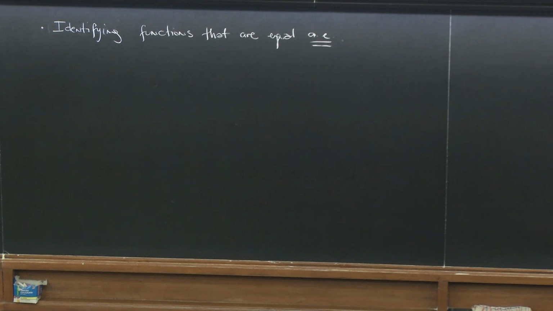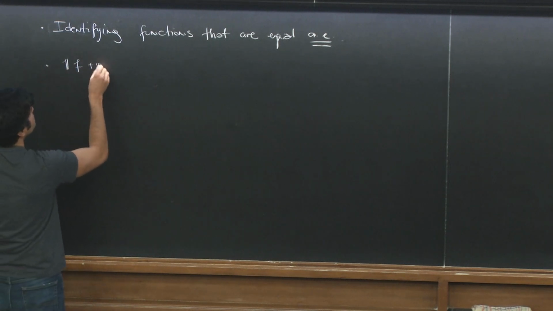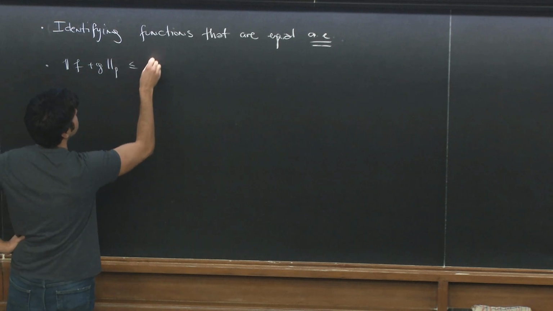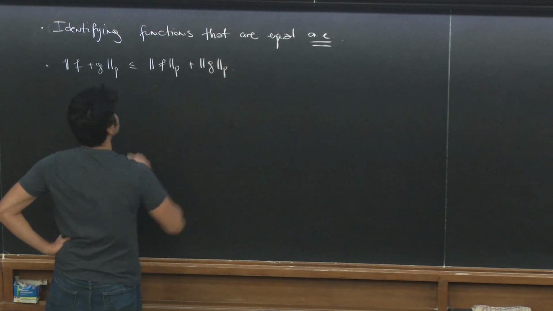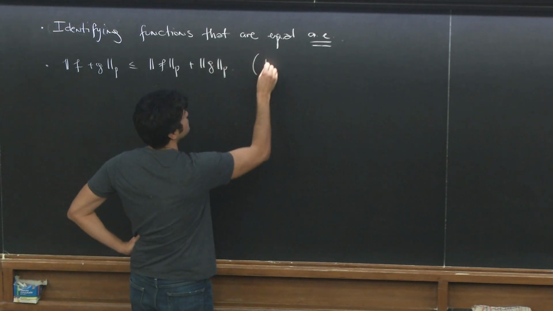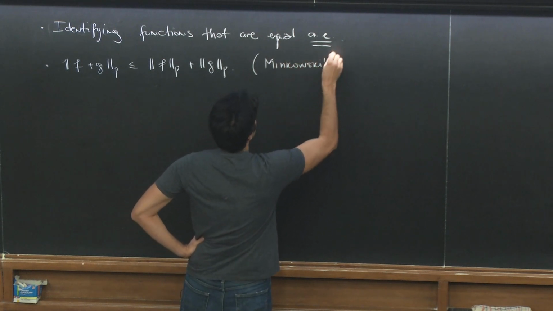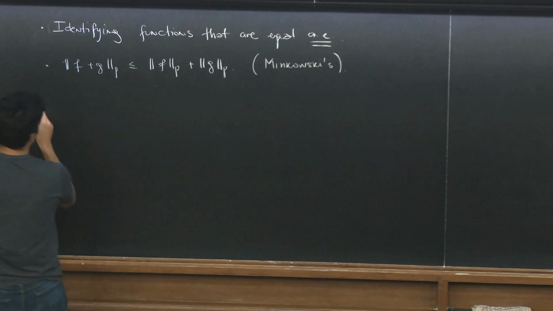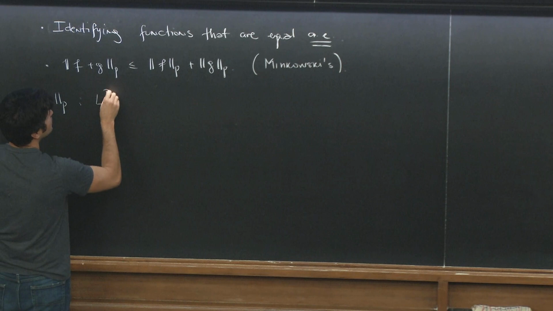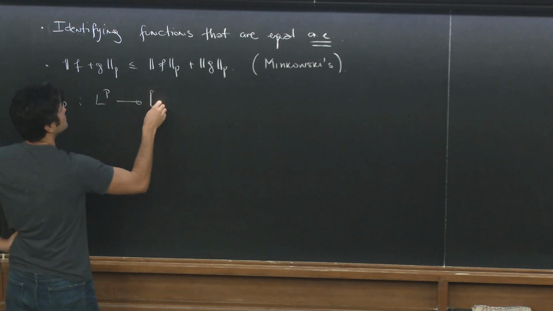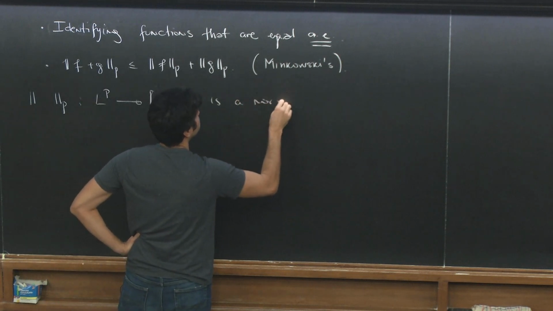And this is actually a norm because we have proved the triangle inequality: the LP norm of f plus g is less than or equal to the LP norm of f plus the LP norm of g. This is sometimes known as Minkowski's inequality. So from your space LP to [0, infinity) this is a norm.